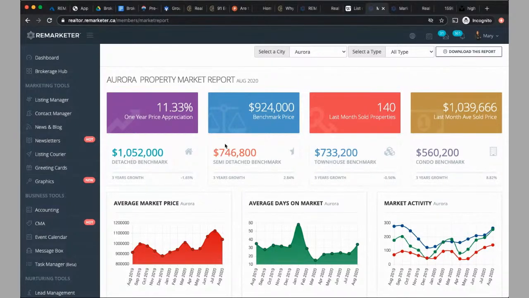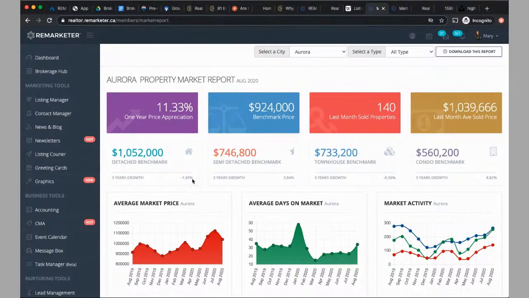However, if I'm comparing the different property types as well, I can see that semi-detached properties are about 25% cheaper than detached prices, right? Now, because the trends are now actual, I can see that the 3-year growth of the detached properties in Aurora has been almost steady.